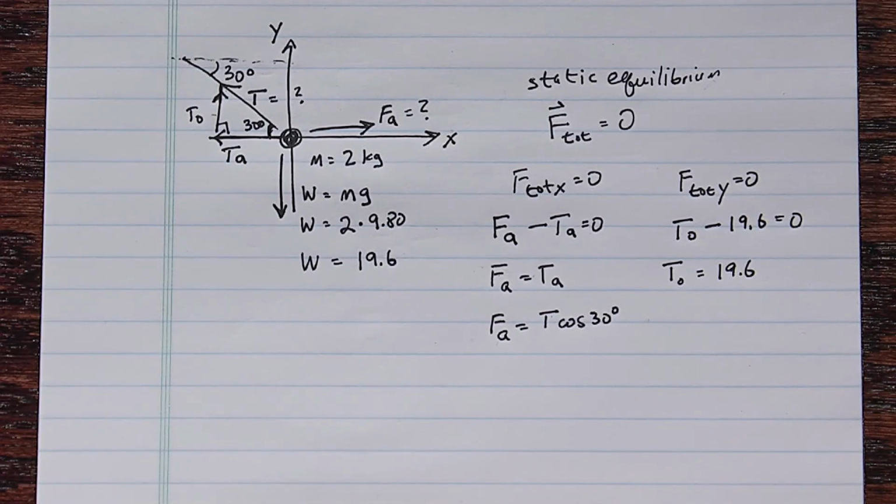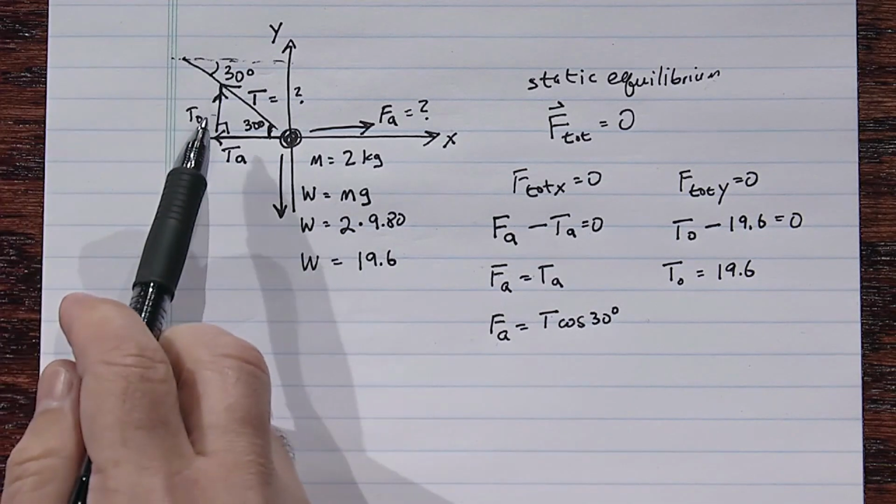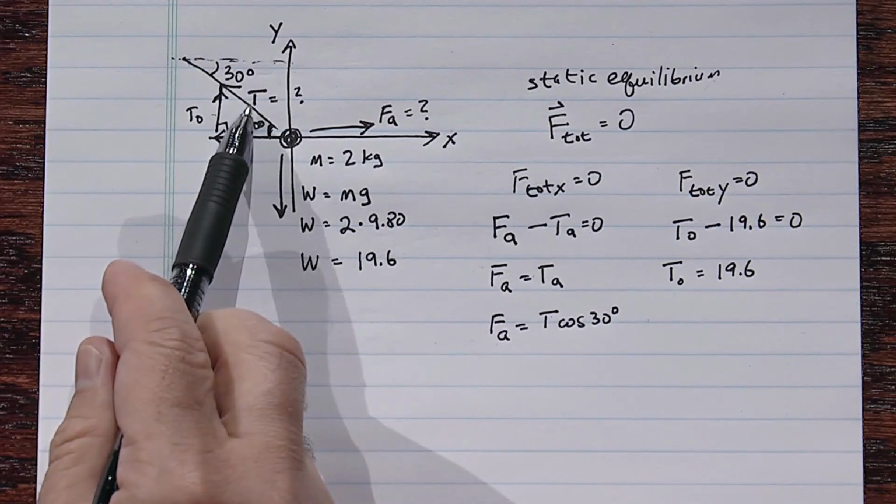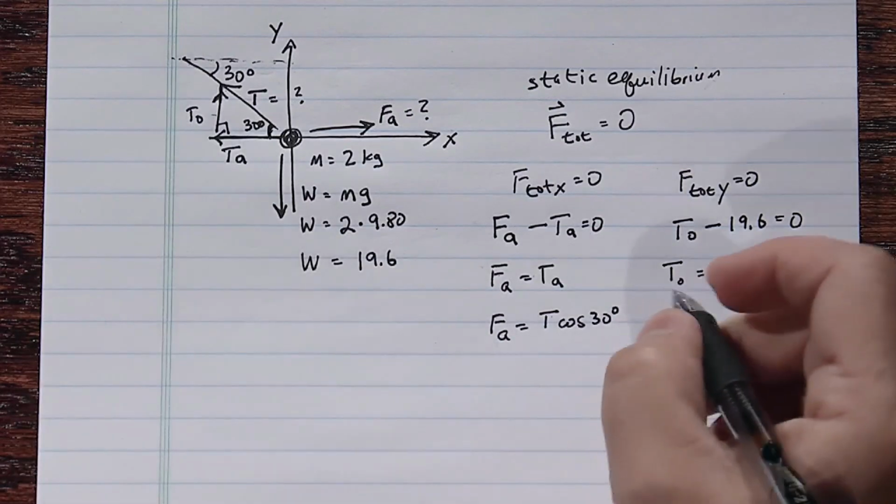We're getting somewhere. Now, we also know that T opposite is equal to the hypotenuse, which is T, times the sine of theta.